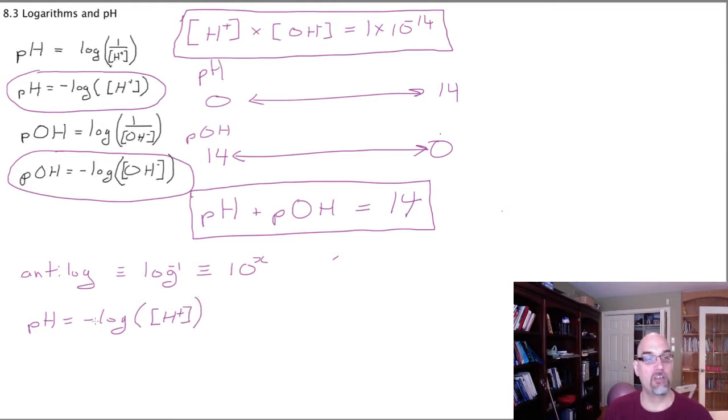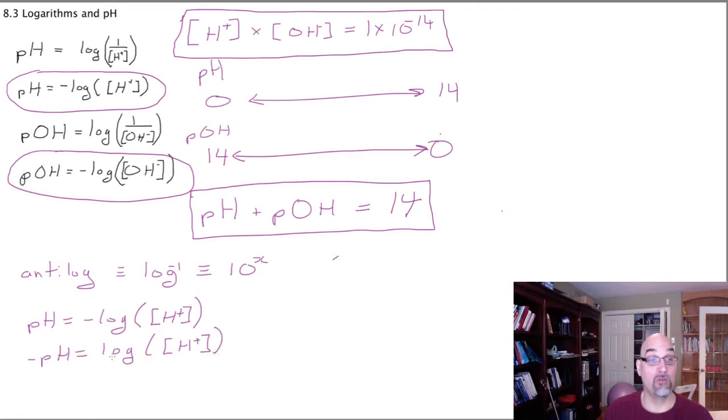The first thing I'm going to do is unwrap this H plus by doing everything to both sides to undo everything here. So the first thing I've got to do is get rid of this minus sign. I'll do that by multiplying both sides by negative 1. So negative pH is equal to the log of H.